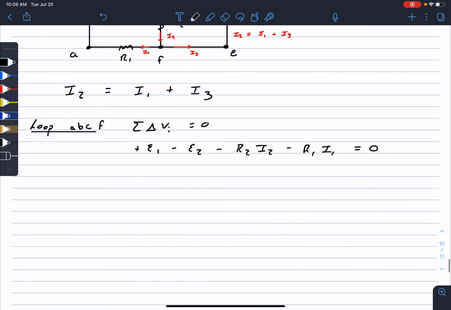So the only positive that we ended up with was E1. In the problem, this is going to be 70 volts minus 60 volts minus I2 times R2, which was 3 kiloohms, and minus I1 times 2 kiloohms, all equal to 0.